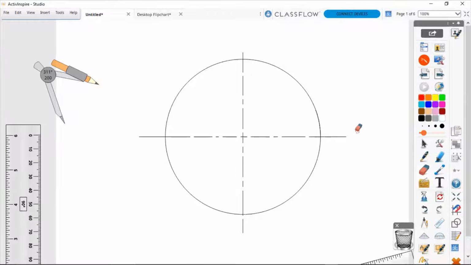Now I'll try to locate my point A on the circumference of the circle, so I can have something like this. This will be my point. The point is so small.